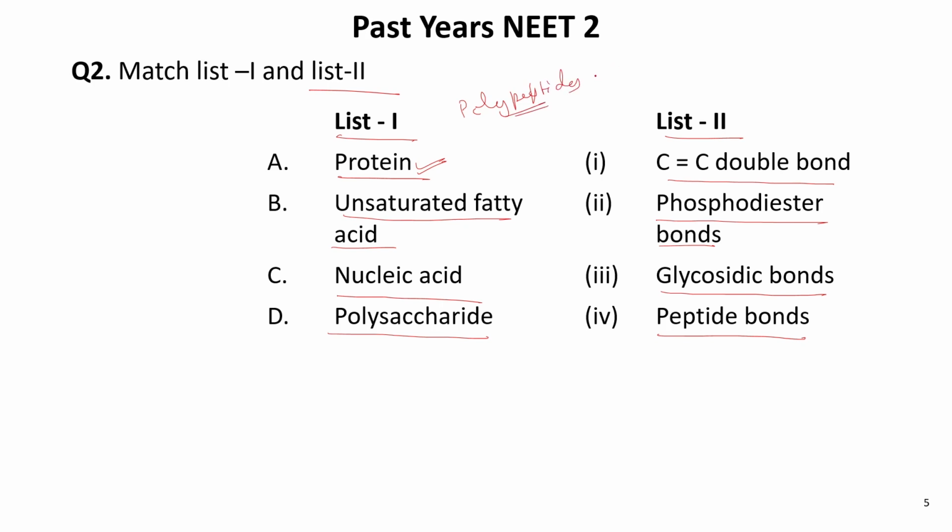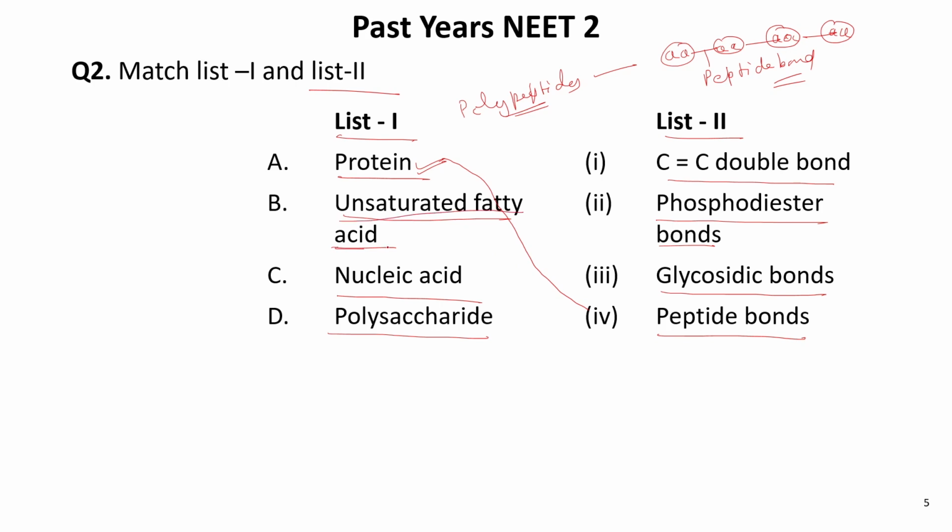And polypeptides are the chains of amino acids. Like this. And amino acids are linked with a bond which is called peptide bond. So, very important: protein is having peptide bond.